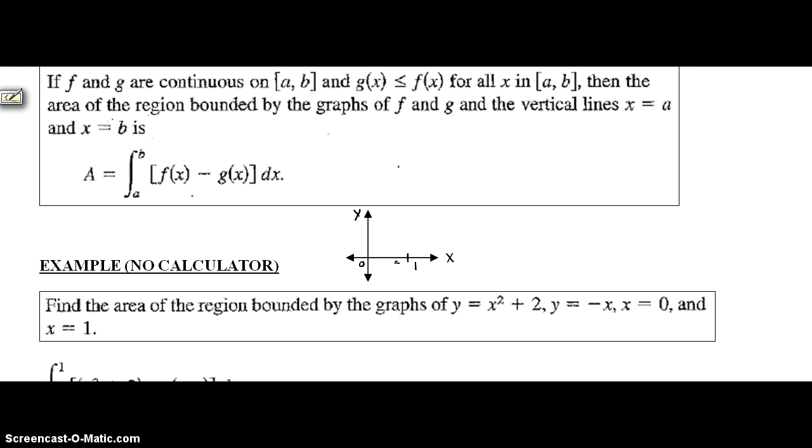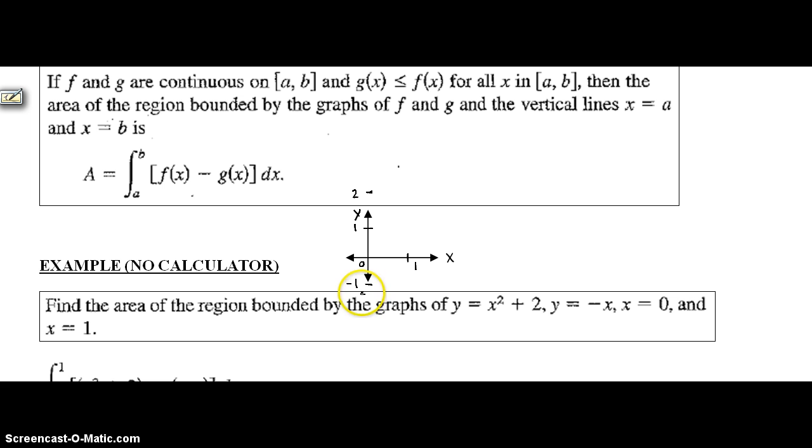So I need a sketch of these graphs, and I guess I probably should have been a little more accurate when I was creating this, but I'm just going to improvise. I'm going to call this y equals 1, y equals 2, and down here will be y equals -1.